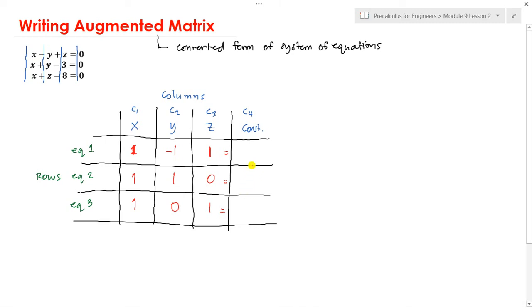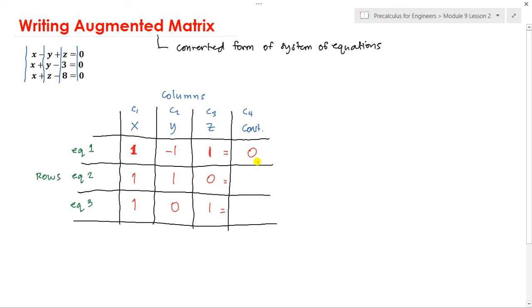So let's start with equation 1. What is the constant? Based on the given example, what is it? 0, sir. Okay, 0. How about for equation 2, row 2?